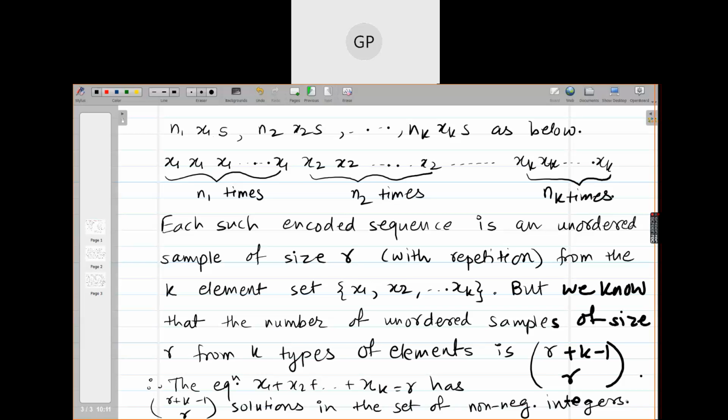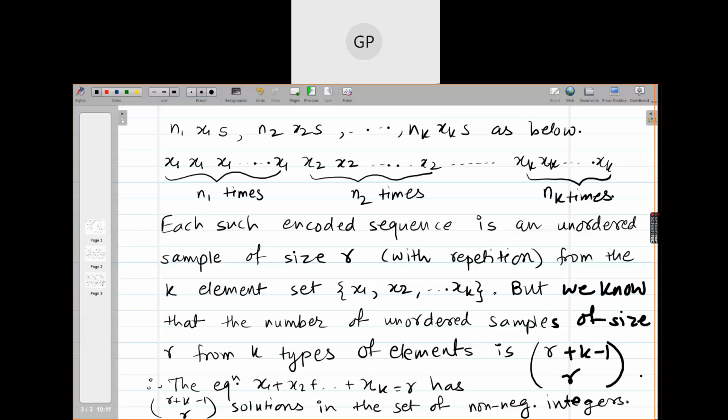Finished writing? We have k types of elements and our sample size is r. Therefore, we just want to choose the unordered samples of size r from k types, which can be done in r plus k minus 1 C r ways, as we have seen in the earlier theorem.